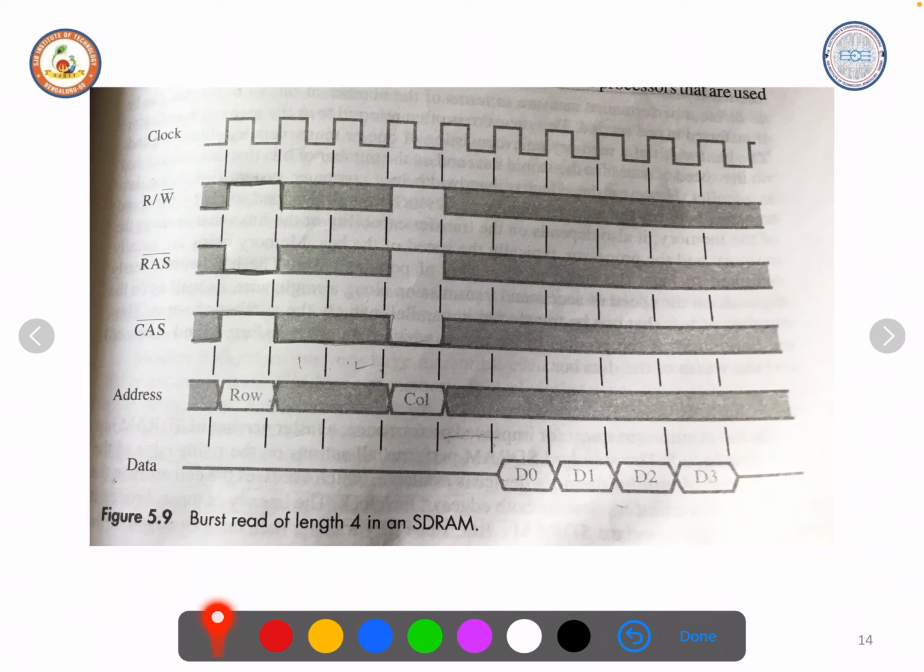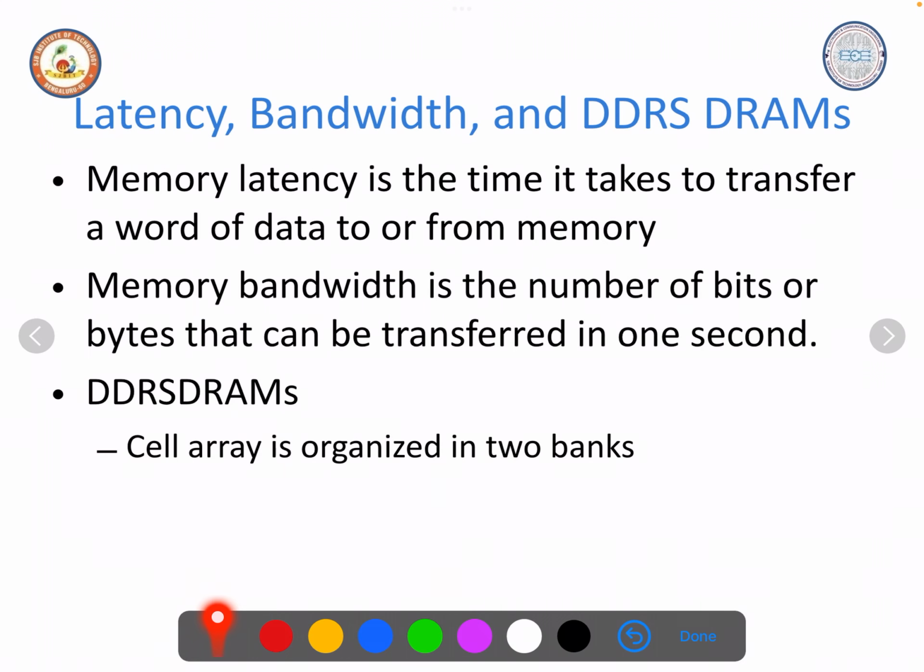This is how in an SDRAM a burst of length 4 can be read. All the operations are synchronized with respect to the clock signal. As you can observe, in the asynchronous case it is with respect to the control signals, whereas all these operations are controlled with respect to the clock signal in the case of synchronous DRAM.